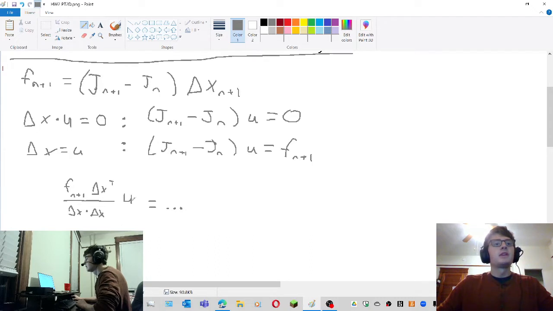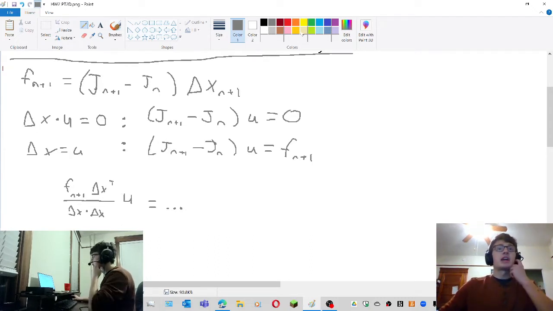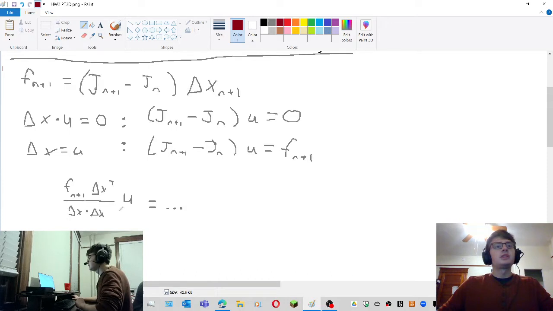And so that times u is just going to be the same thing as this function I have up here. And so let me try to maybe prove that to you a little bit by going back to the scenario. If I have delta x equal to u, I should see that this function over here equals f_{n+1}.